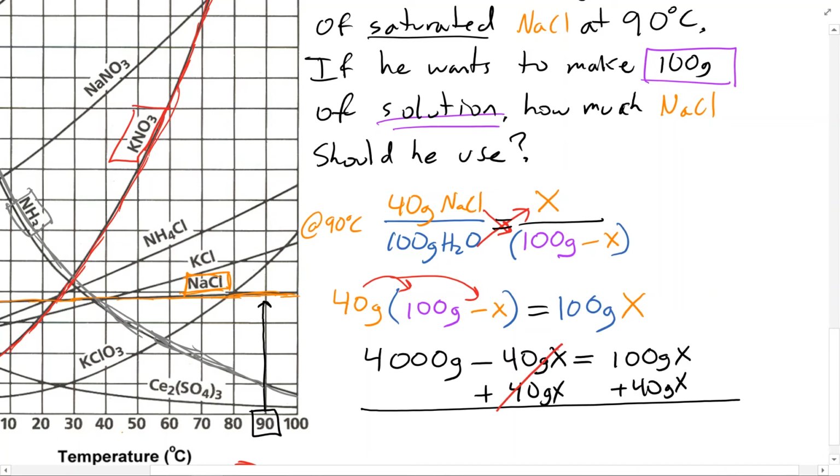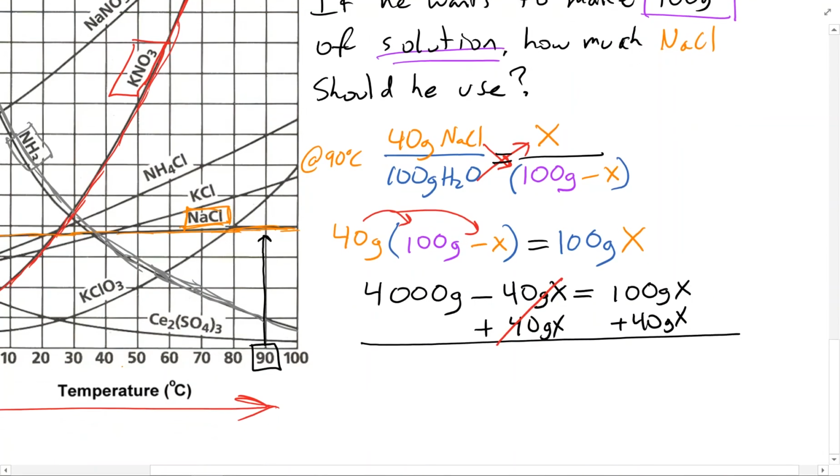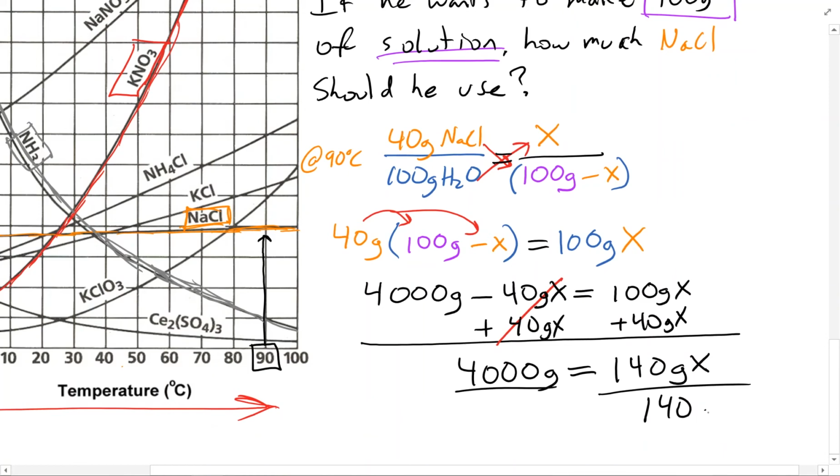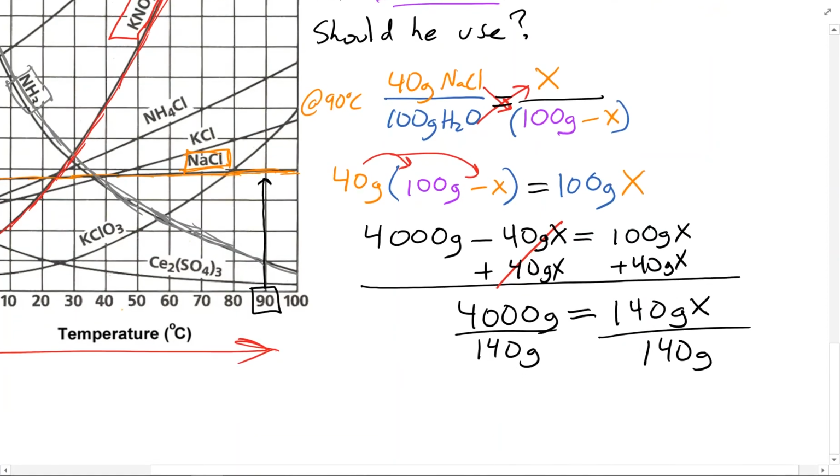That gets rid of these two. And we have 4,000 grams is equal to 140 grams X. All right. And now we can divide on both sides by 140 to get X by itself.